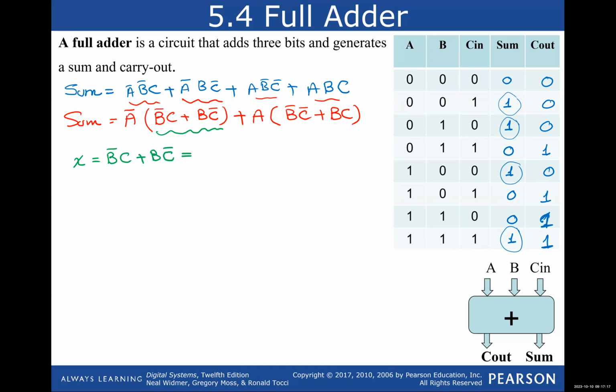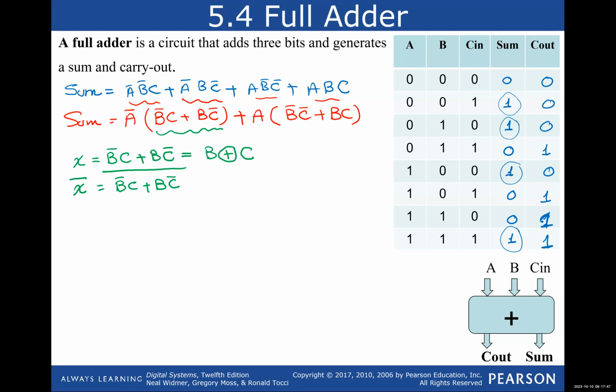What did we say this circuit is? This is an XOR. Remember, this is an XOR. The B XOR C is the B complement C plus B C complement. Now, if I want to take the complement of the X, it means I'm going to take this whole thing and put a big bar on top of it. So how are we going to break this bar?